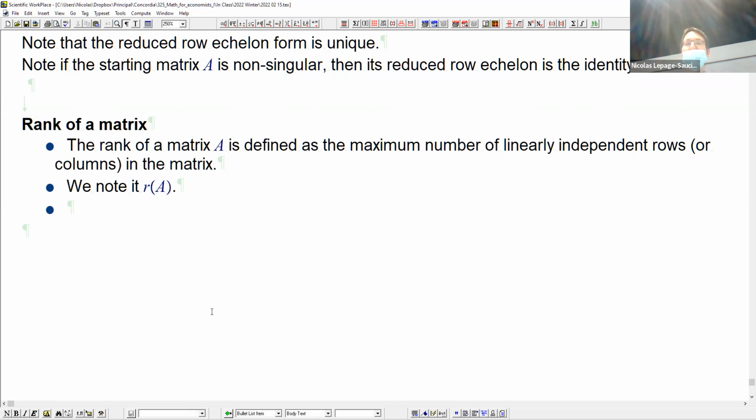Yeah, so this is super definitional. Sorry, we just had to go through this.